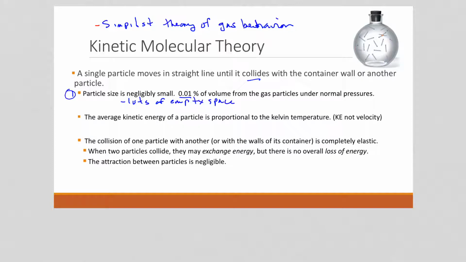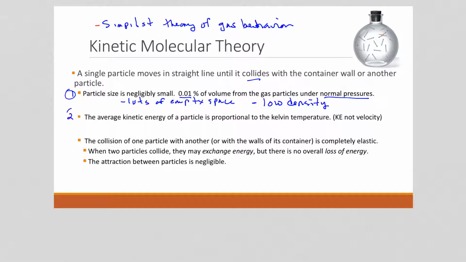So in other words, 99.9% of the sample of a gas is essentially empty space, when we think about normal, standard conditions that we would operate under. This ties into the concept that we talked about on the last slide of low density, right? There's a lot of empty space that is connected to the idea of low densities for gases.